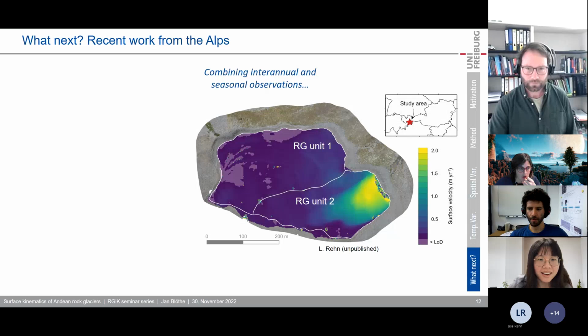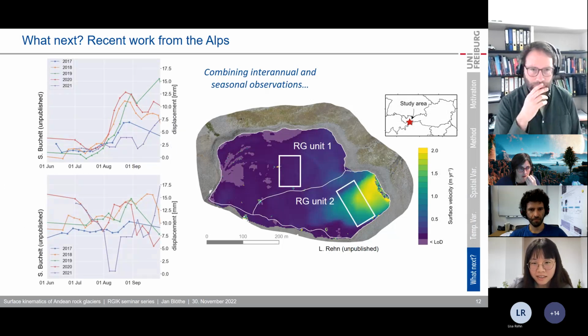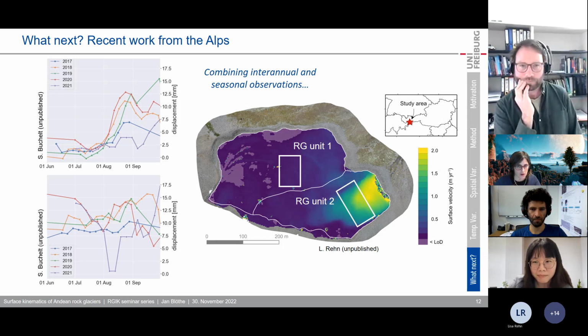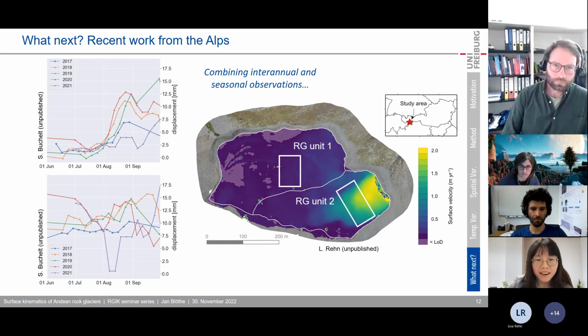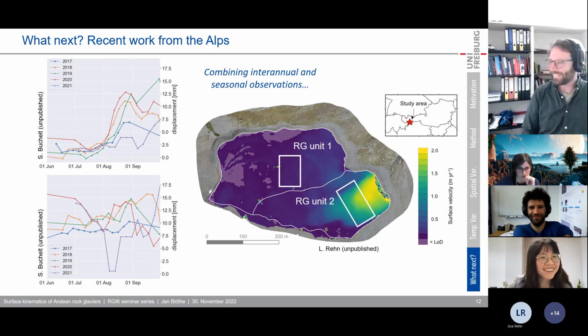I think this is very interesting because the two profiles have different seasonality and also different magnitude of surface velocity. So do you have an interpretation for this?